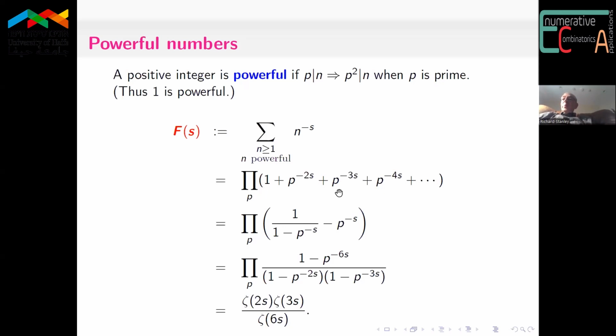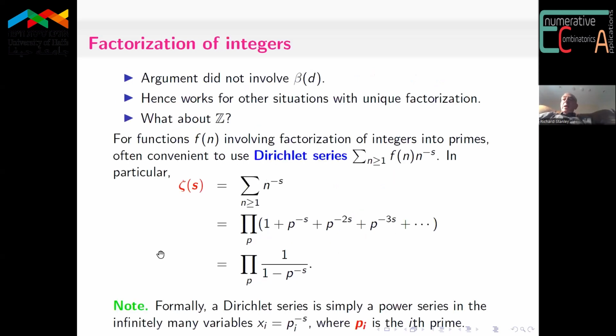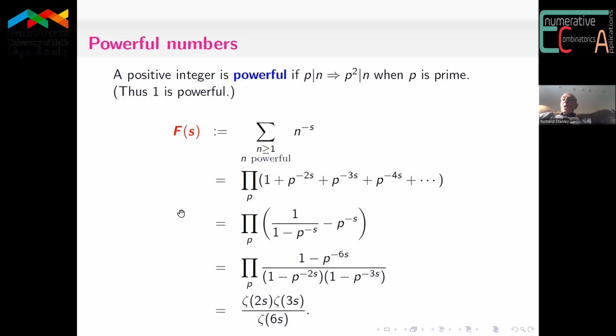This sum is equal to 1 over 1 minus p to the minus s, minus p to the minus s, which has this nice alternative simplification. And we now just apply the identity for the Riemann zeta function, where s is replaced by 2s, 3s, and 6s. Then we get zeta 2s, zeta 3s over zeta 6s, as the generating function for powerful numbers.